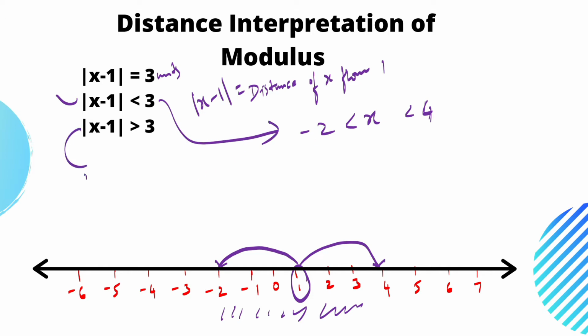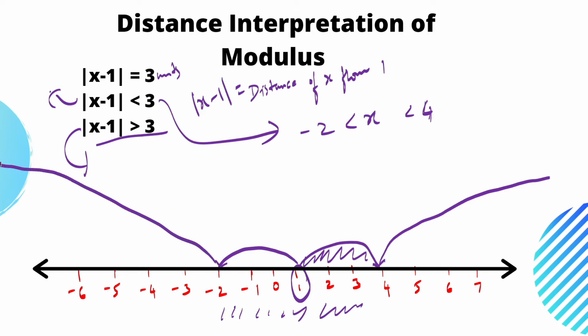How can we interpret the third case? Modulus of x minus 1 is greater than 3. That means till minus 2 we have completed the second case, but for the third case it is greater than 3. After completing 3 units, the remaining part goes for x minus 1 greater than 3: on the left-hand side till minus infinity and on the right-hand side till positive infinity.